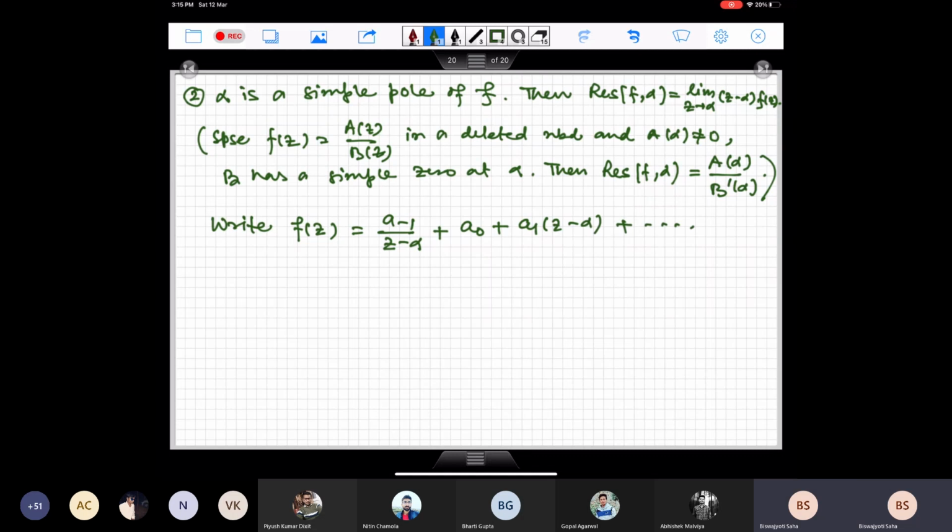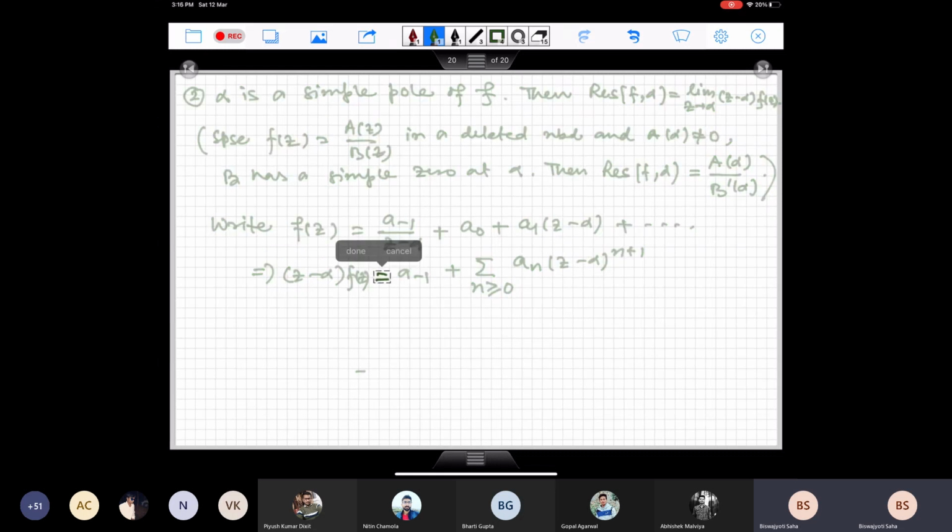So this implies z minus alpha times f of z is a minus 1 plus the summation over n greater than or equal to 0 of a n times z minus alpha to the power n plus 1.